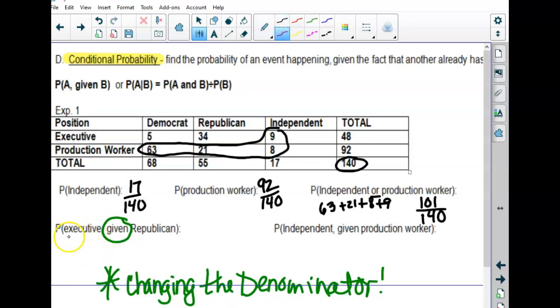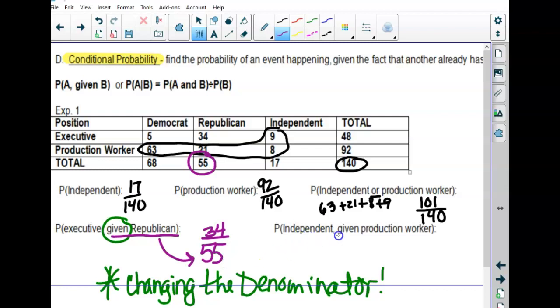So executive, given that they're Republican. So given that they're Republican means they have to be out of this 55 people. Okay? So you can only choose from those. So how many are executives out of those 55, guys? 34.